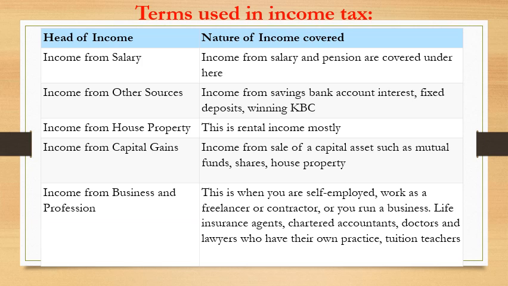Whether you own a small business, a small company, an industry, a financial institution or an educational institution, or even agents of life insurance, doctors, lawyers, tuition teachers, they all come under this particular category of business and profession. They also need to pay income tax as per the total income that they get.